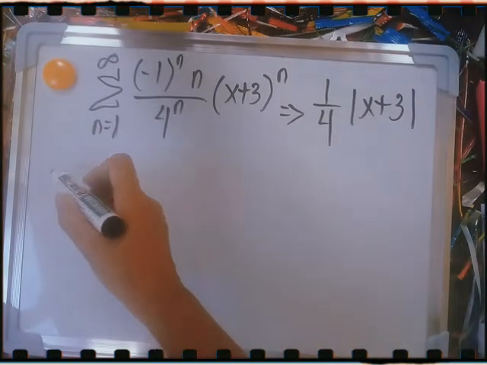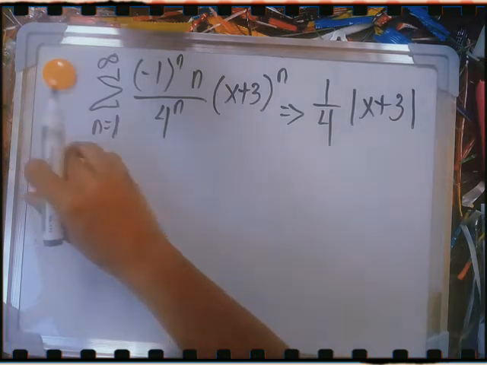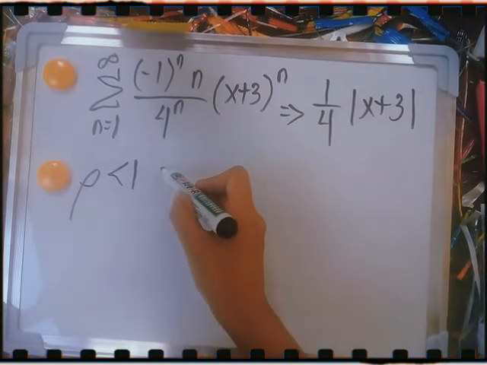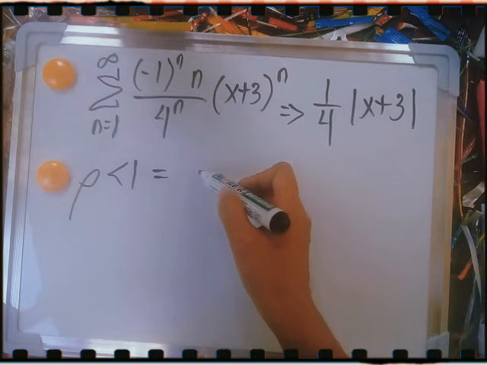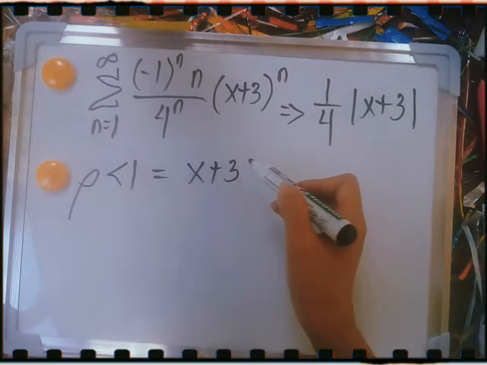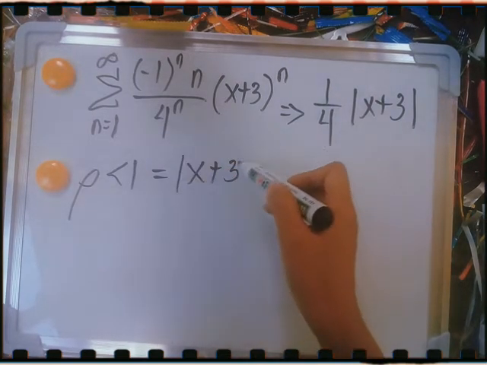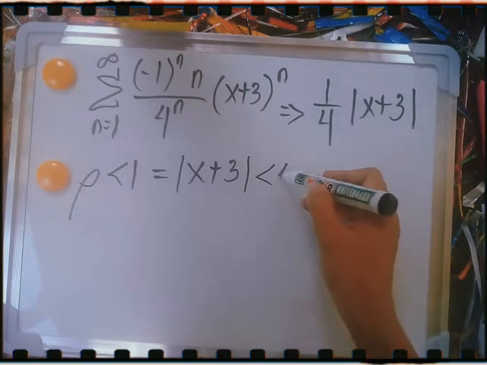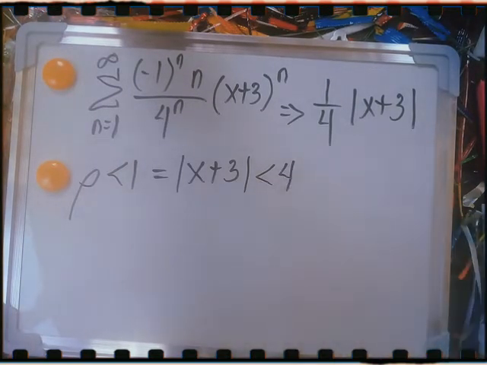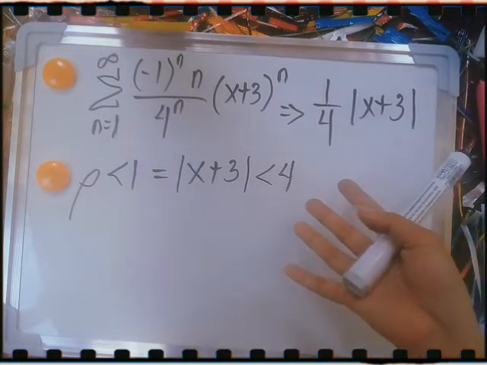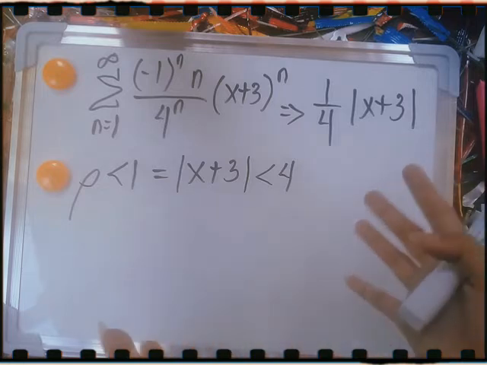So, if the row is less than 1, we have the absolute value of x plus 3 is less than 4. And ganyan lagi pag ang row is less than 1. So, kapag ganito yung expression na natin, nag-converge siya.